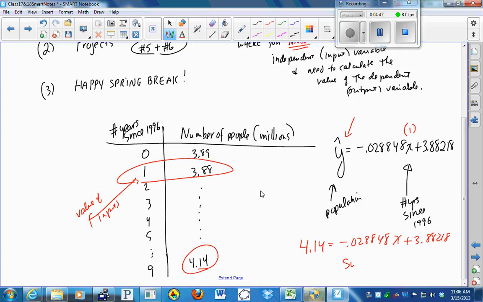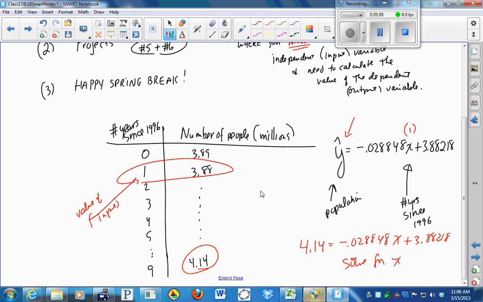Now you're solving for X. So then you actually get to see how many years after 1996 your model predicts your population would be 4.14, and then you can compare it to your actual piece of data. All right? Remember, these are the actual data points that you put in your scatter plot.